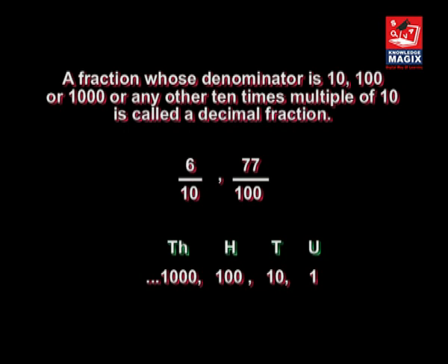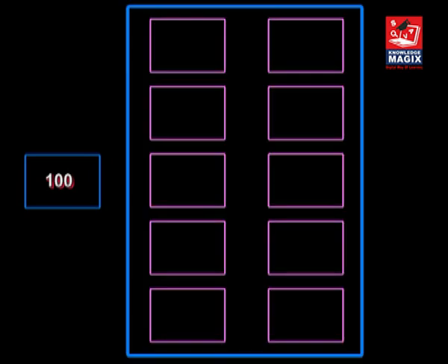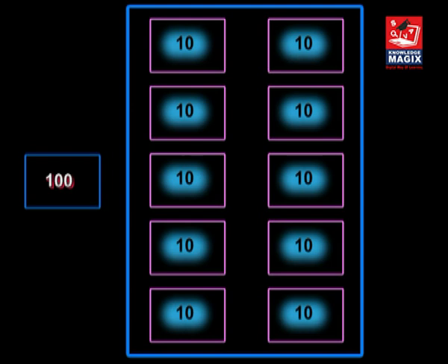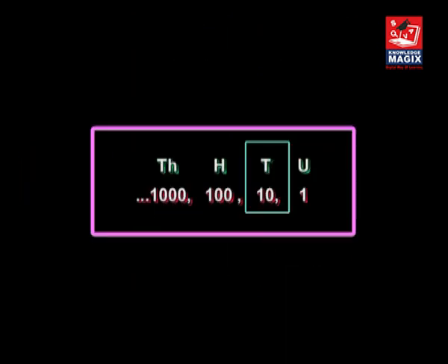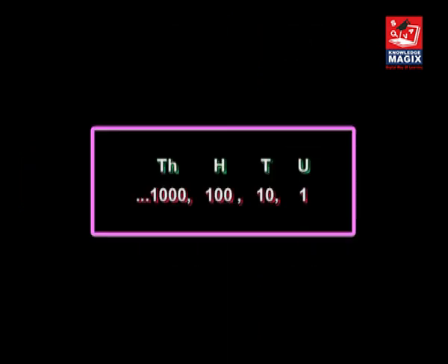Now let's think in the opposite direction. If we divide 100 into 10 equal parts, each part is 10. The tens place is to the right of the 100. If 10 is divided into 10 parts, each part is 1 unit. The units place is to the right of the tens place.